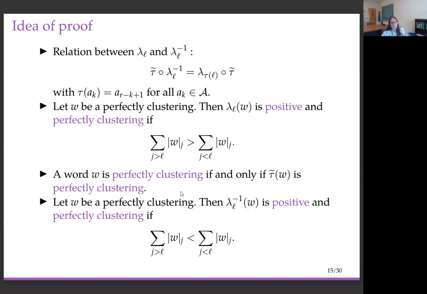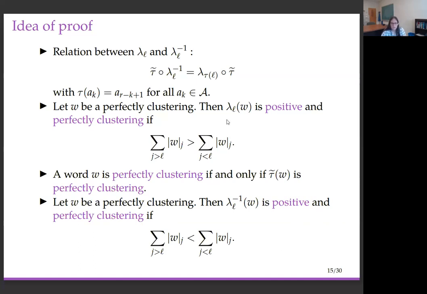And if you take only tau, you will also get a perfectly clustering one, but it won't be the smallest one. So by taking both together, you get the smallest one, which is what we want.